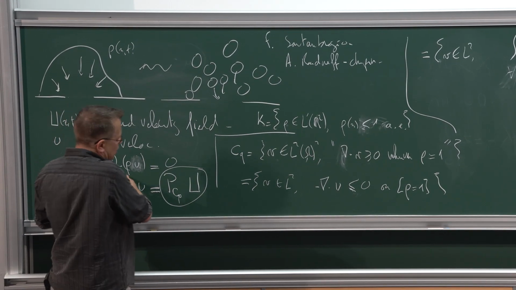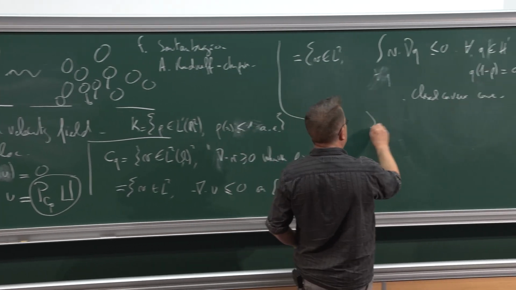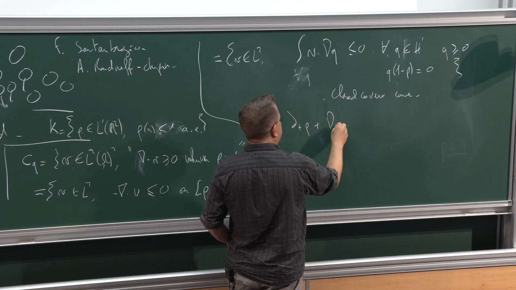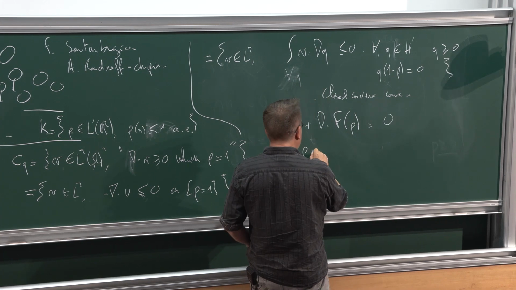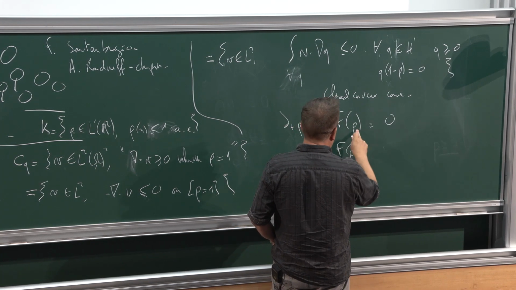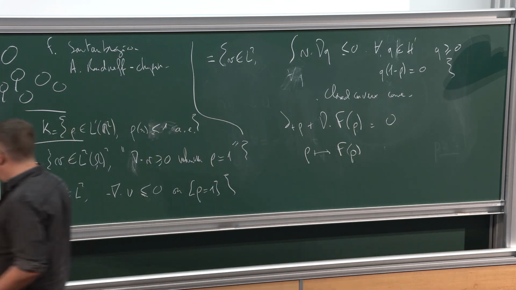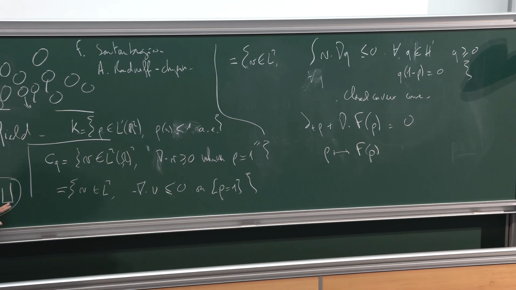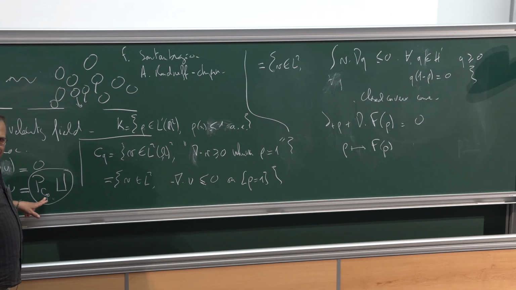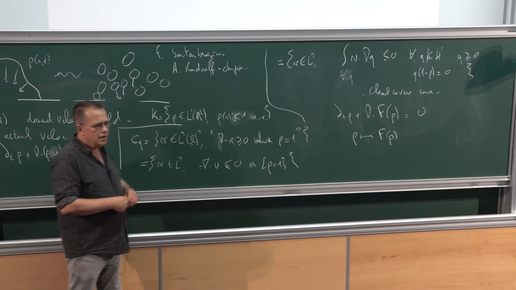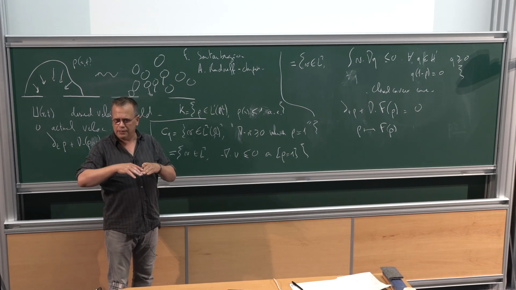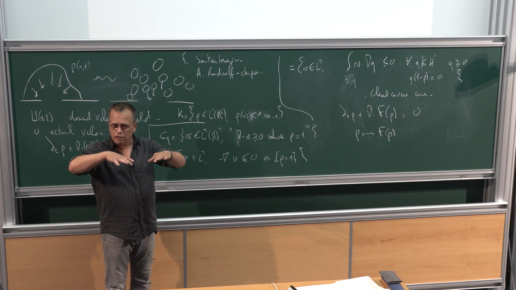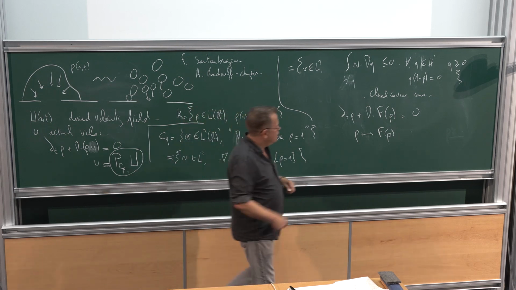The dependence typically has the form dt rho plus divergence of a flux function f of rho, where the dependence rho to f of rho is given by this projection. So U does not depend on rho, but this set depends on rho. So what will happen? Sometimes you have no constraint, and then suddenly, like in the microscopic setting, you have a saturated zone, and they can be very, very complicated.